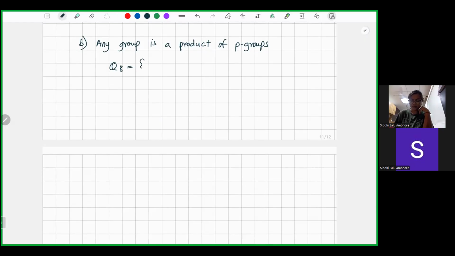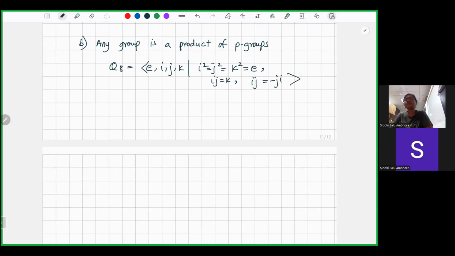This is generated by e, i, j, k such that i squared, j squared, k squared is e, ij is k, and ij is equal to minus ji.